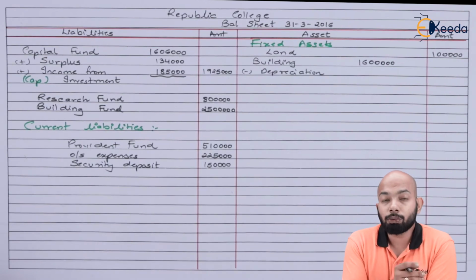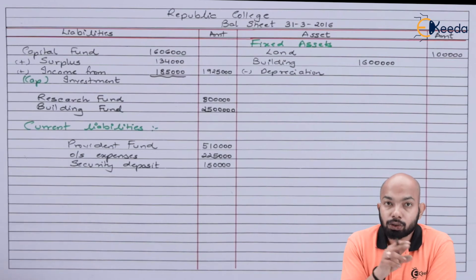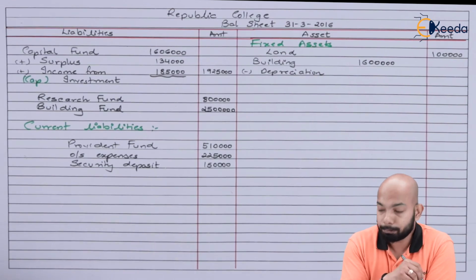So now the depreciation will be the actual, or rather the total amount of provision for depreciation, which includes 4,80,000 plus the additions that we had done. So that total amount will be subtracted here.